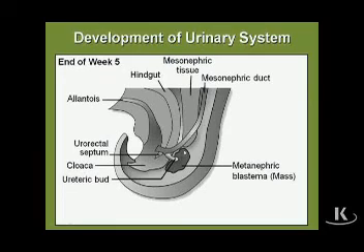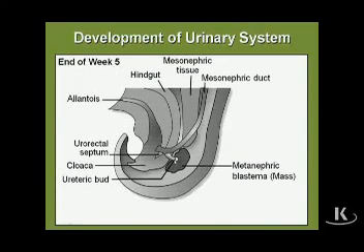Then, interestingly enough, after this metanephric blastema begins differentiating into nephrons, it in turn has an inductive relationship back onto the ureteric bud. And it causes the ureteric bud to start to branch, to dilate at its distal end and then to branch. So the dilated end of the ureteric bud is what becomes the renal pelvis.